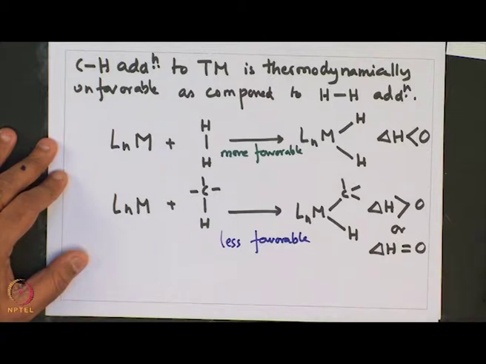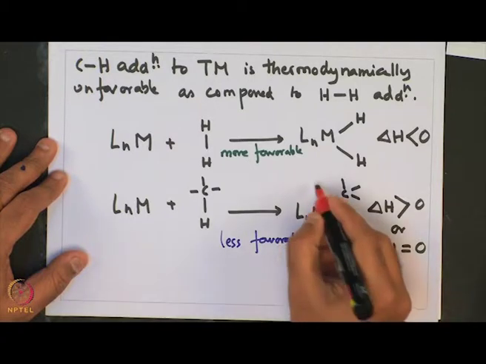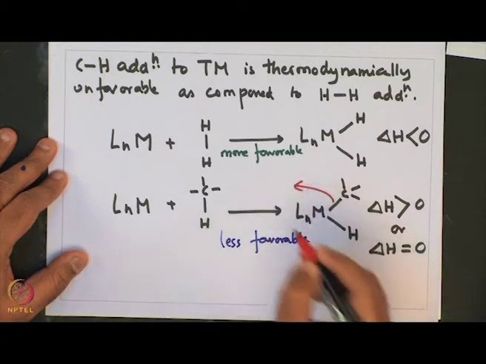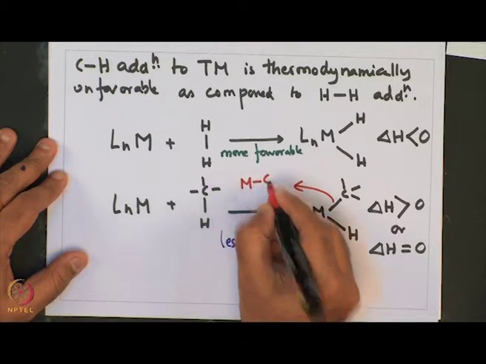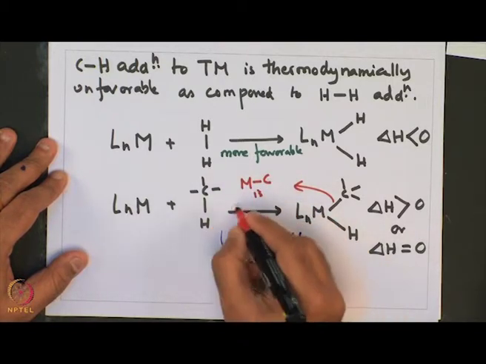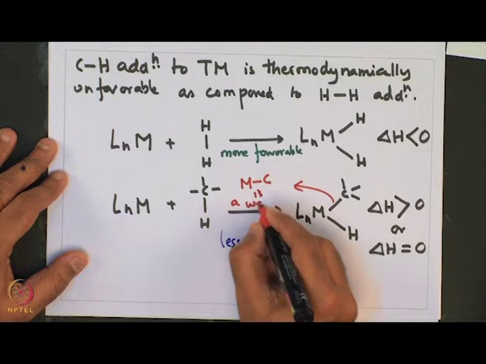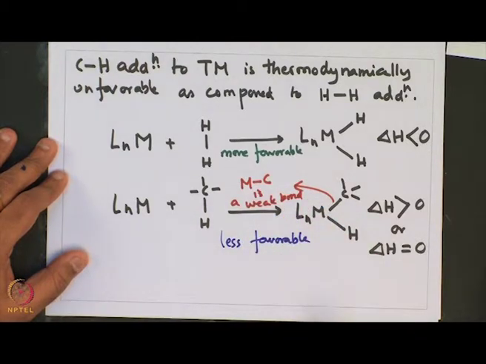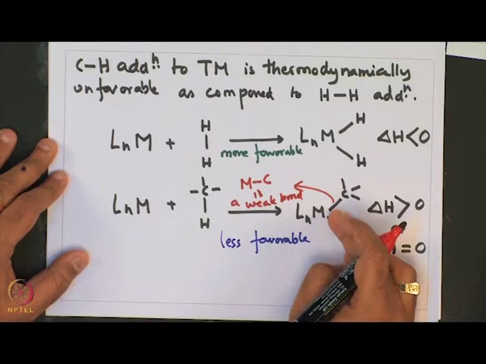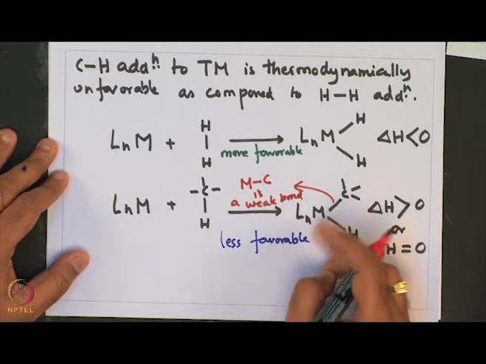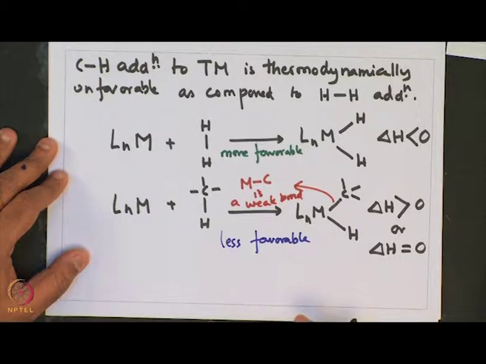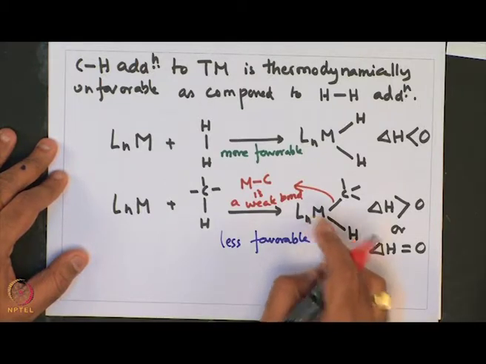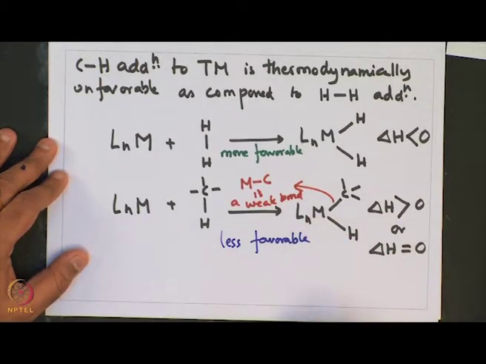And the primary reason for this CH addition being less favorable is that MC bond is a weak bond, and hence not much of enthalpic gain is realized when a metal carbon bond is formed as opposed to a metal hydride bond.